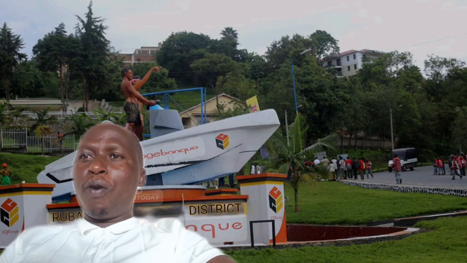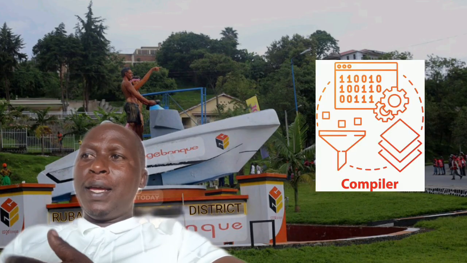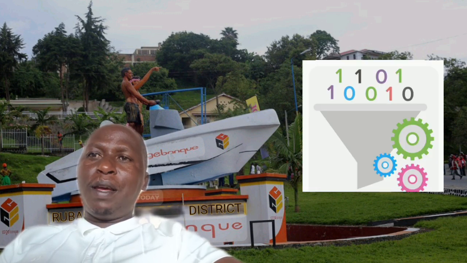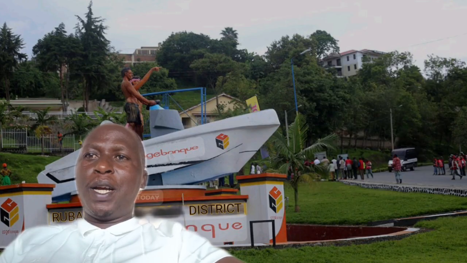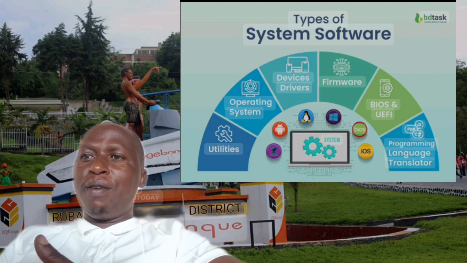So we have system software like compiler, interpreter, assembler. These are system software used to translate programming language into machine language or binary language.